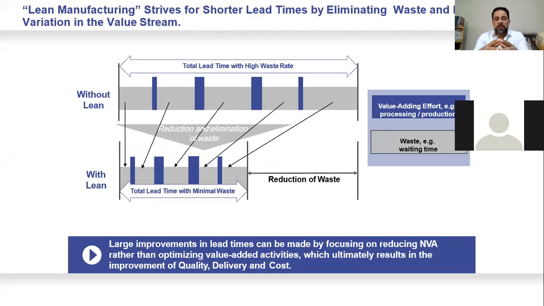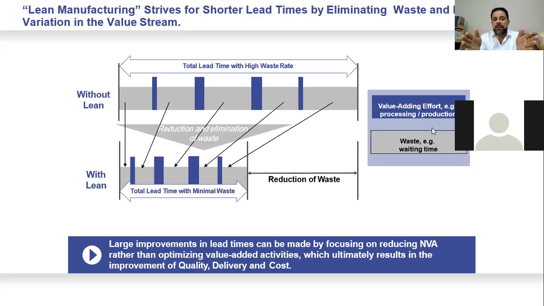So, in lean manufacturing, we want to eliminate the non-value-added items, which is the waste. So we are looking to reduce the waste to a level that will increase the percentage of the value-added items.